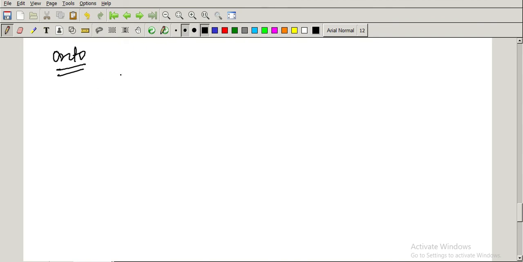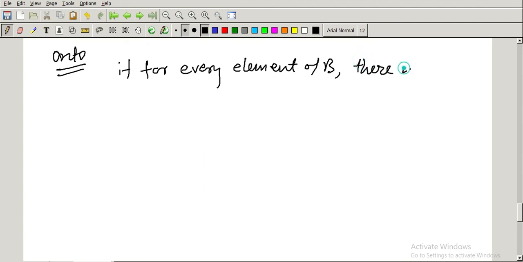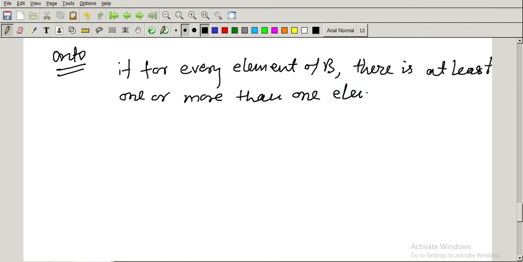So onto is, if I write this definition, if for every element of B there is at least one or more than one element matching with A. I am writing this generalized definition.